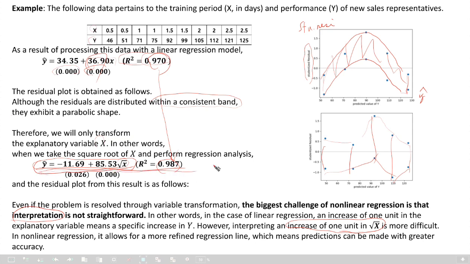This non-linear result is for better prediction than the linear result. But anyway, interpretation is not straightforward. You cannot explain the result to other people. The relationship is better, but interpretation has some difficulties. Okay, thank you. Bye.